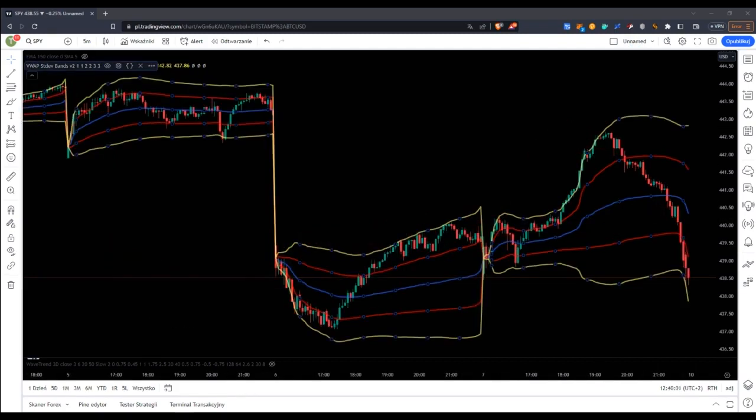Okay, so let's discuss the strategy. As you can see, in yellow I added the second standard deviation band. So we have the blue VWAP, the red one standard deviation, and the yellow two standard deviations.